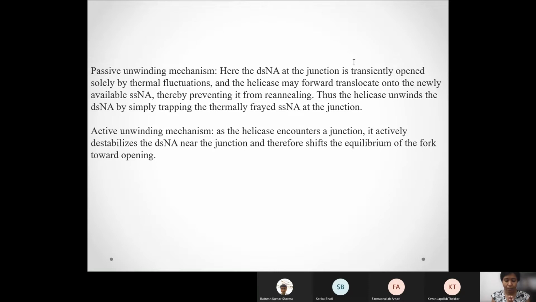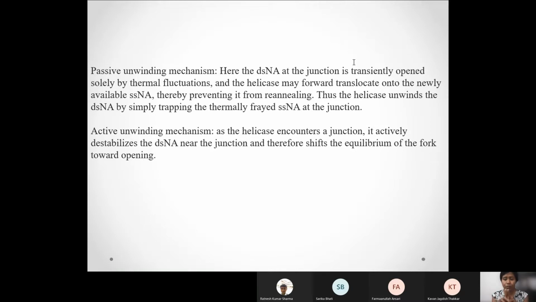The first idea that was put forth was that of passive unwinding. So what's passive unwinding? If there is a double-stranded DNA, there is a chance that ever so often one or two of these base pairings can be disturbed because of thermal fluctuation. And this can create a very local disturbance on a double-stranded DNA.